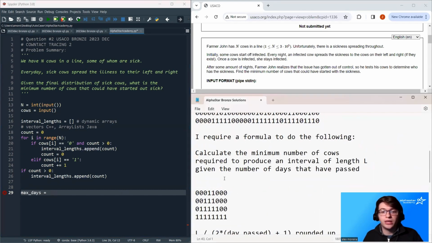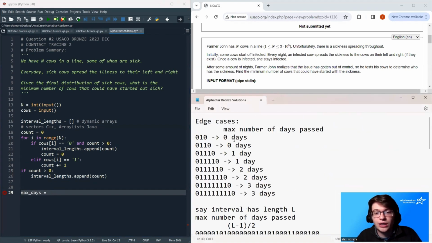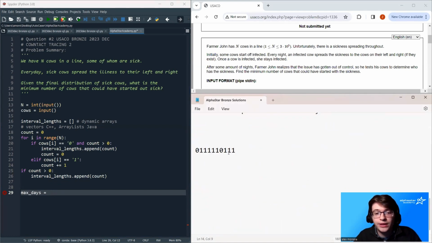And the problem that occurs with these two intervals, as we saw earlier, was this interval has a slightly different formula. In particular, we can see that normally to calculate the max number of days passed, we just do (L minus 1) over 2. If an interval is touching the edge, in particular, there's no 0 over here, then the formula becomes L minus 1 instead.